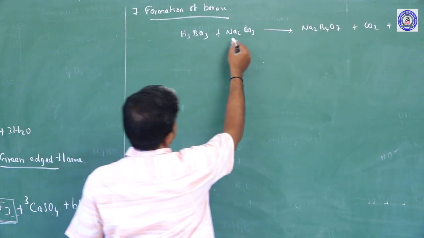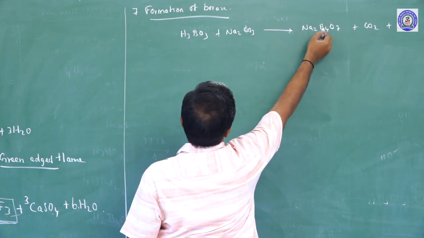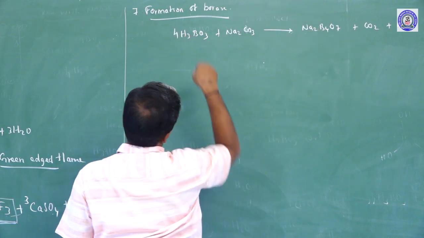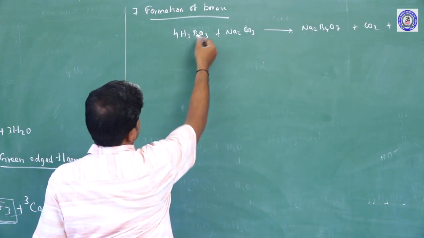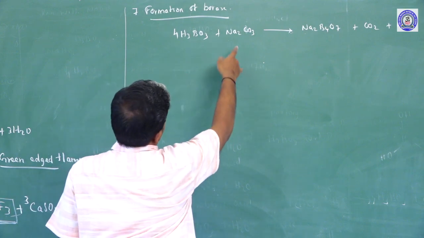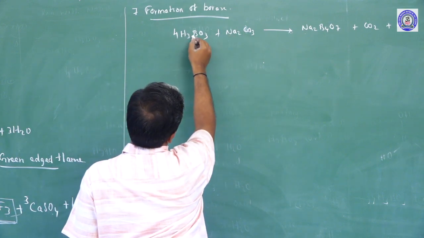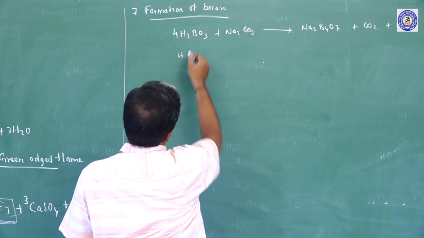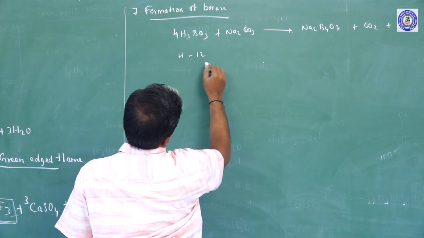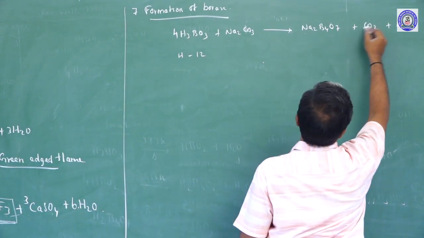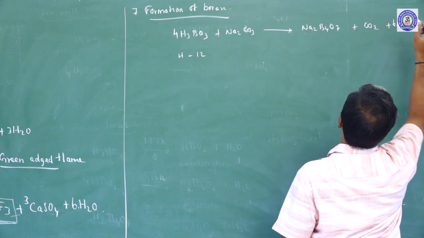Now balance the equation, Na2. B4 is there, so it is 4 boron in boric acid, and hydrogen and carbonate are there. Hydrogen is 12, so that it is 6 H2O.